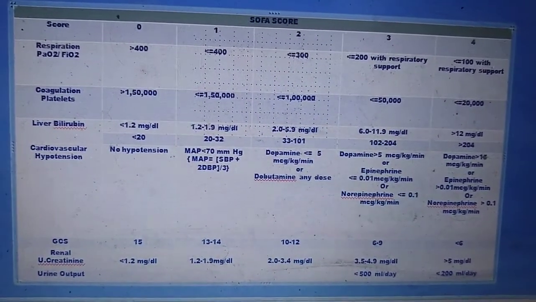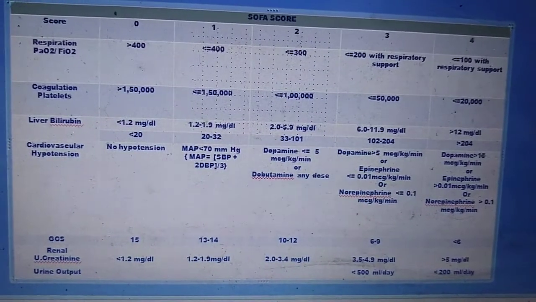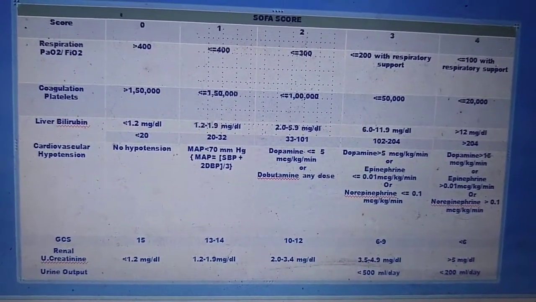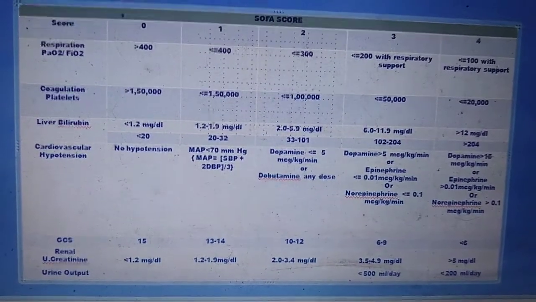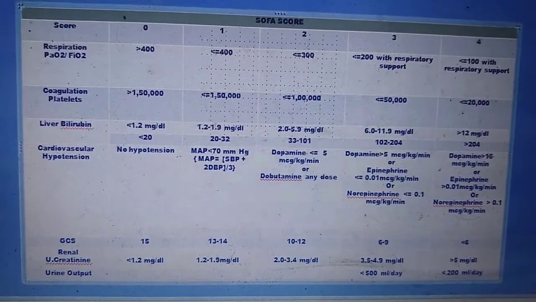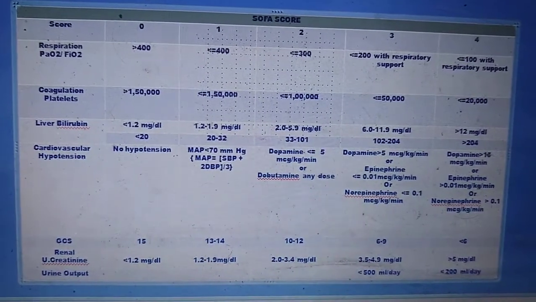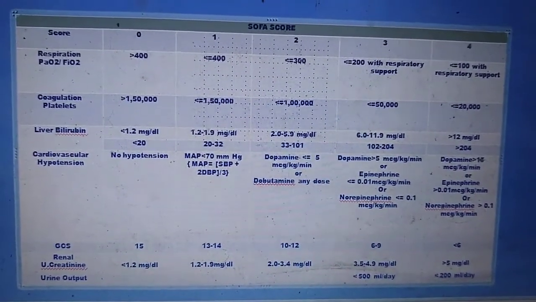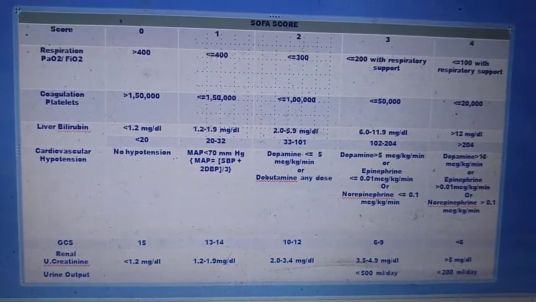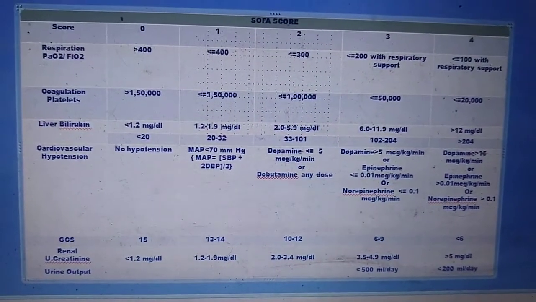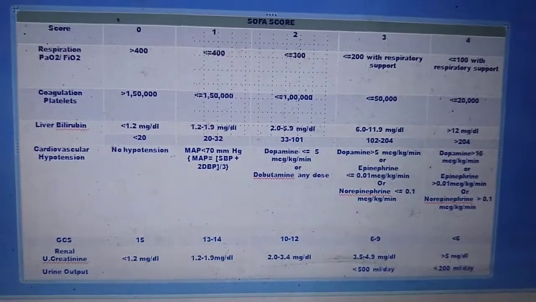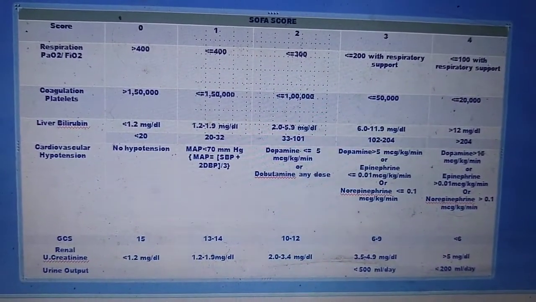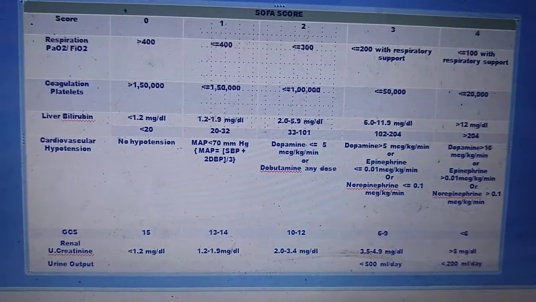And for creatinine, if it is greater than 5 mg/dL the patient is in the 4th stage, or if it is 3.5 to 4.9, score 3, and 2 to 3.4, score 2. So if we are able to see all these parameters and add the worst parameter in the last 24 hours, we get the SOFA score, and based on this we can predict the mortality of the patient.